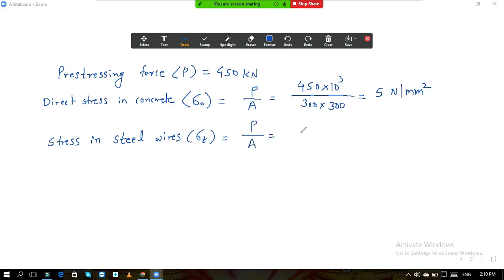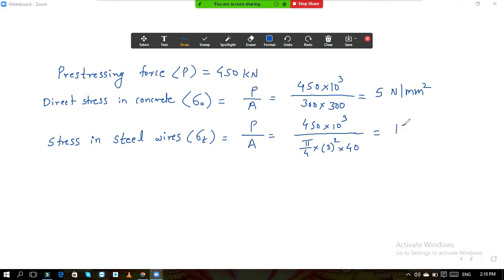So it is 450 into 10 raised to 3 divided by the area, which is pi by 4 into 3 square into 40. Such 40 wires are there. Area of steel we need to consider, as we are talking about stress in steel.